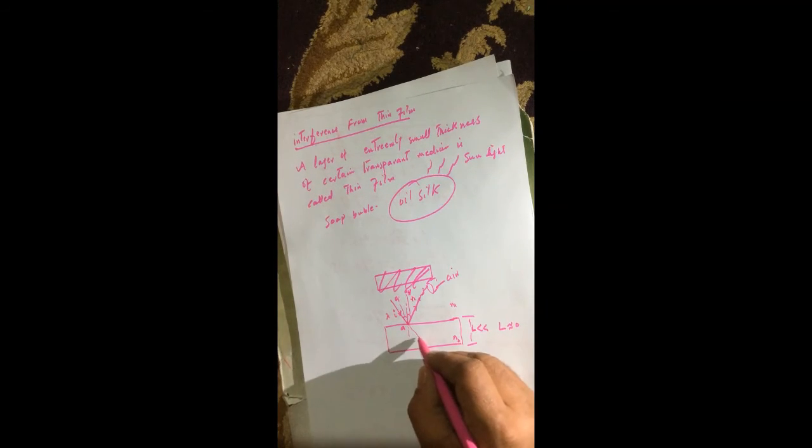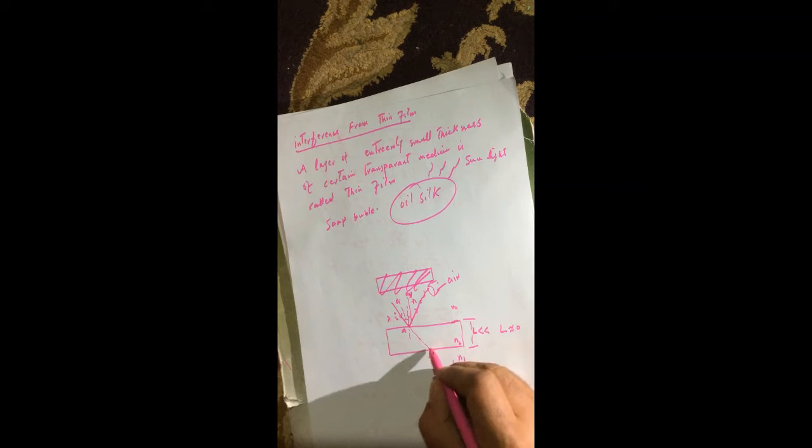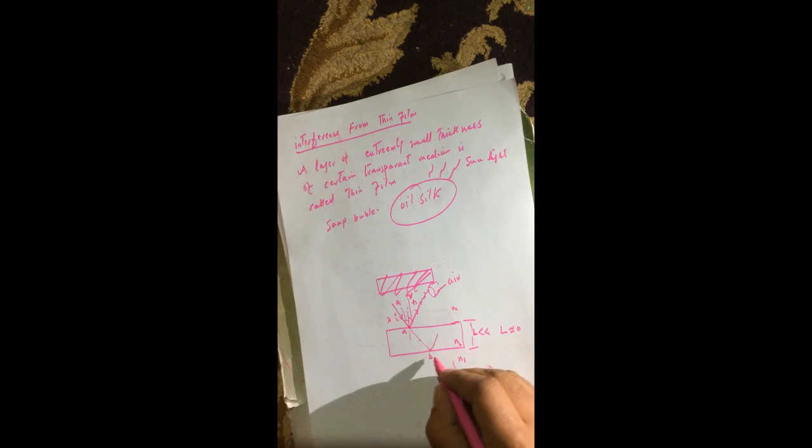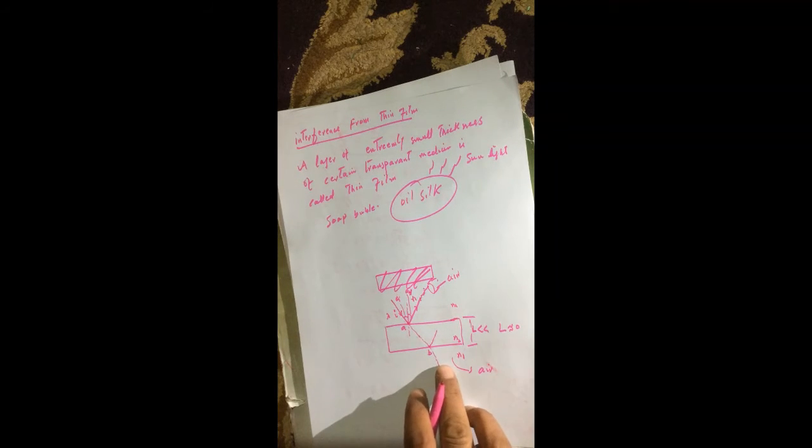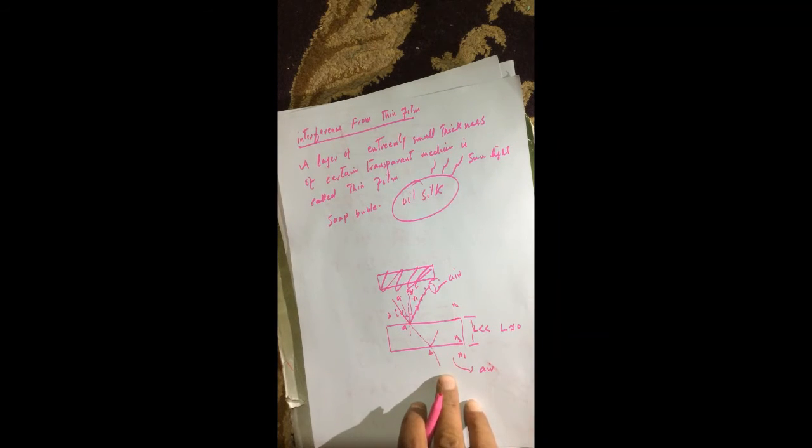The refracted ray crosses the film and reaches point B, where at point B again either this ray is reflected back or it is refracted to the air at the bottom surface.